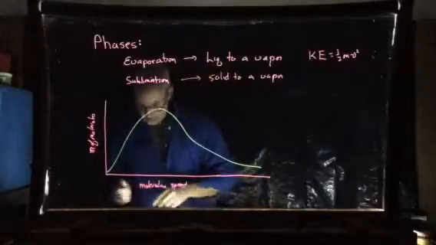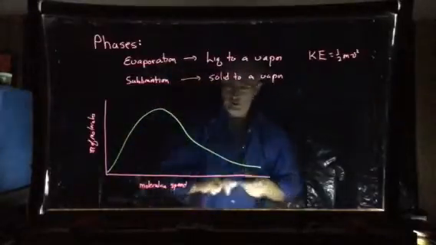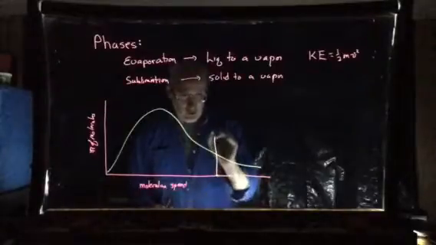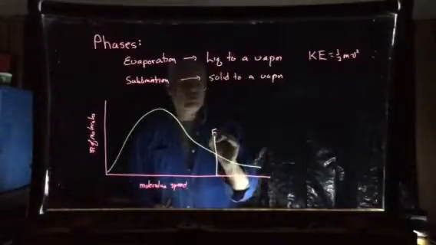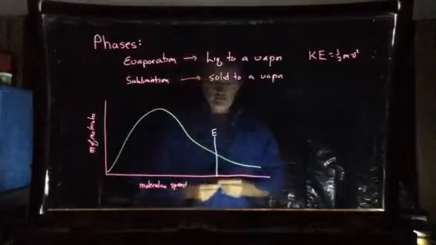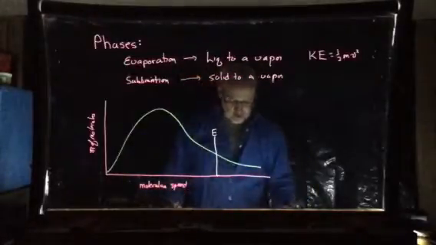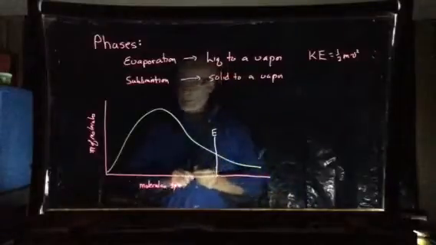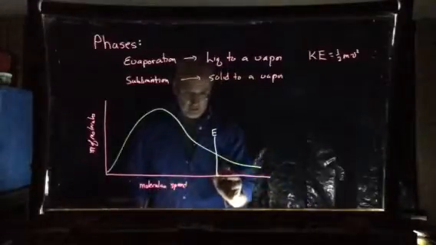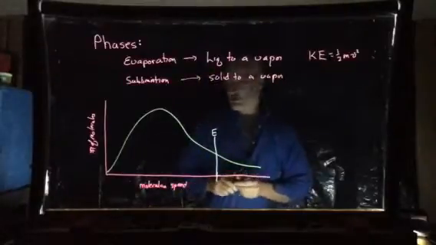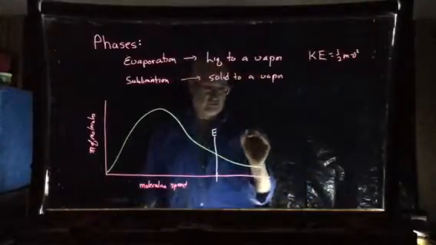And at some point, there's a threshold energy, and I'll just call it E. A certain percent or part of the molecules can exceed that. Molecules that have a greater speed than this have enough kinetic energy to escape into the vapor phase.